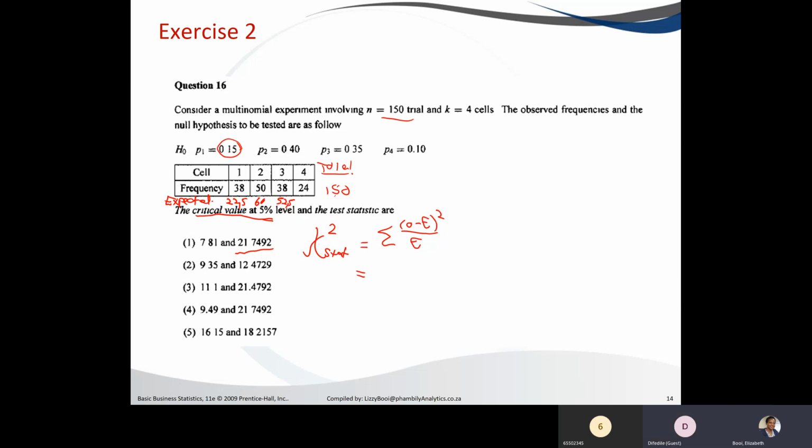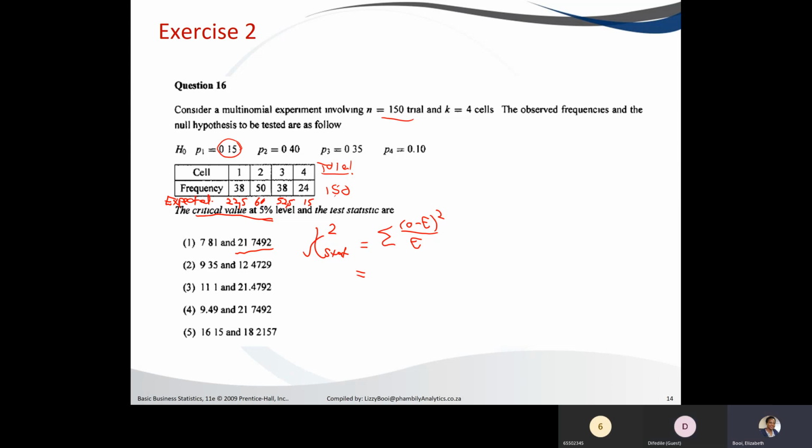So you do it for all of them, and 0.1 multiplied by 150, and that will be 15. Now you have your expected values.